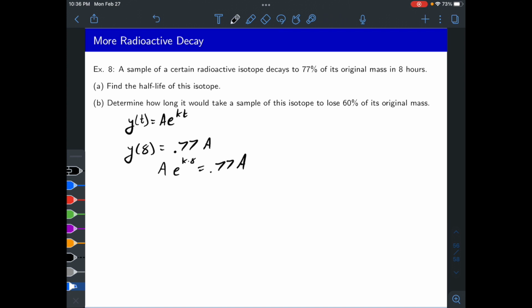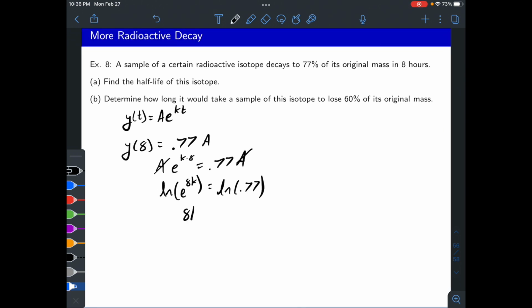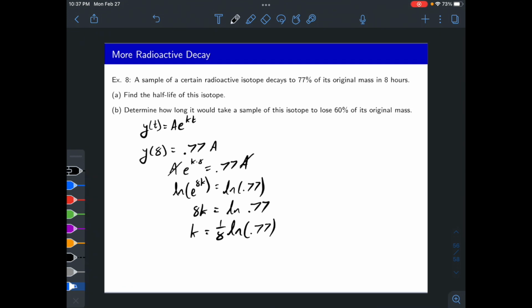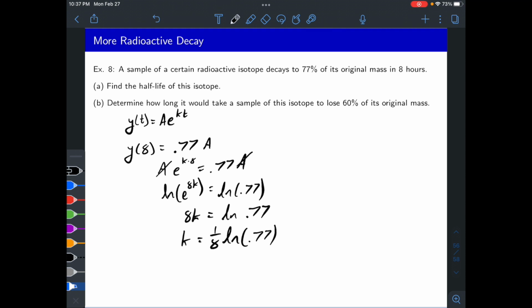And this would help us figure out what k is. So we divide through by a, and then we take natural log of both sides. We get 8k is equal to ln of 0.77. So k would be 1/8 of ln of 0.77. Okay. Well, how do I find the half-life then?